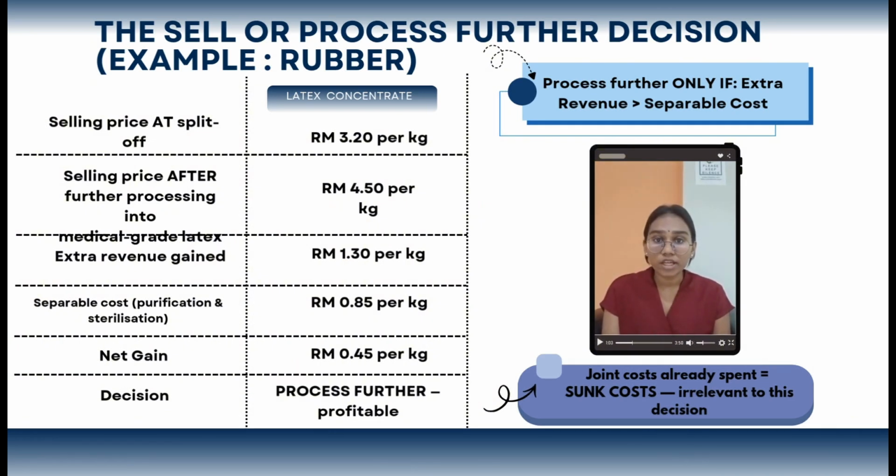That's RM 1.30 extra revenue per kilogram. That extra processing cost us RM 0.85 per kilogram in separable cost. So when we do the math, RM 1.30 minus RM 0.85, we get a net gain of RM 0.45 per kilogram.